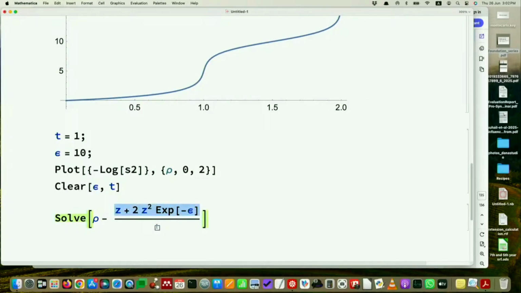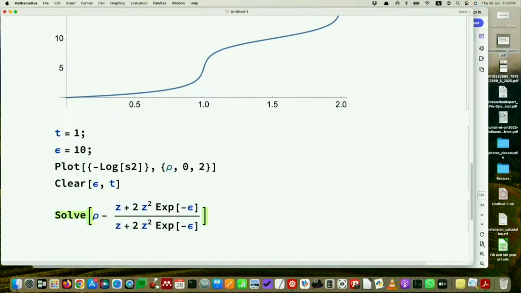So we are going to solve for z. That will be 1 plus z plus z square e to the minus epsilon equal to, and we want to solve this equation for z.